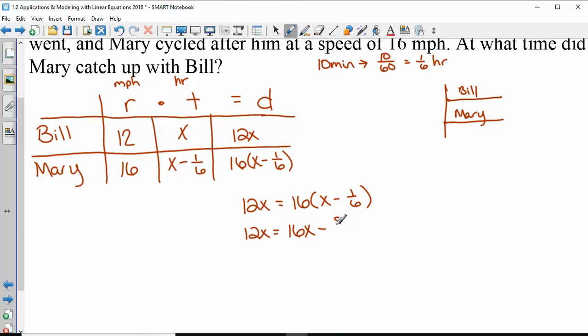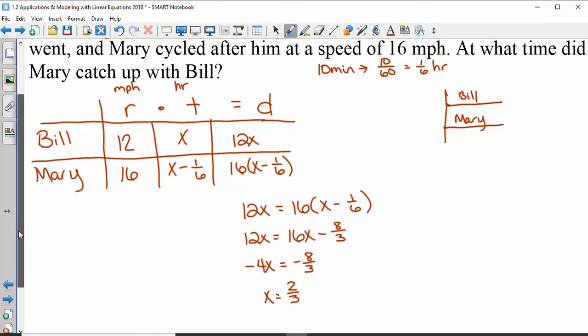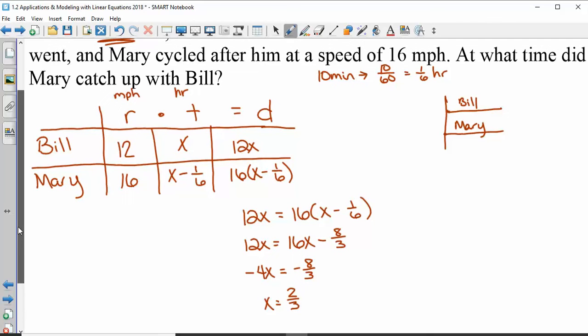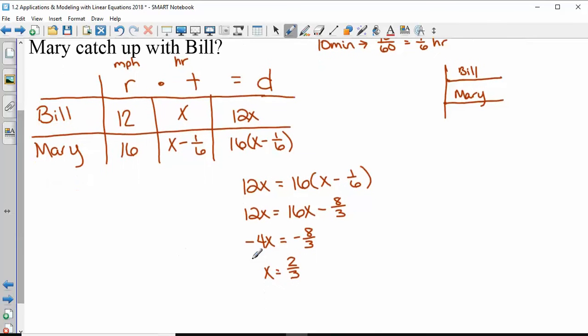Okay, distribute. If I subtract my 16x over, divide by -4, and we get 2/3. So I want to know what time Mary caught up with him. This is 2/3 of an hour.